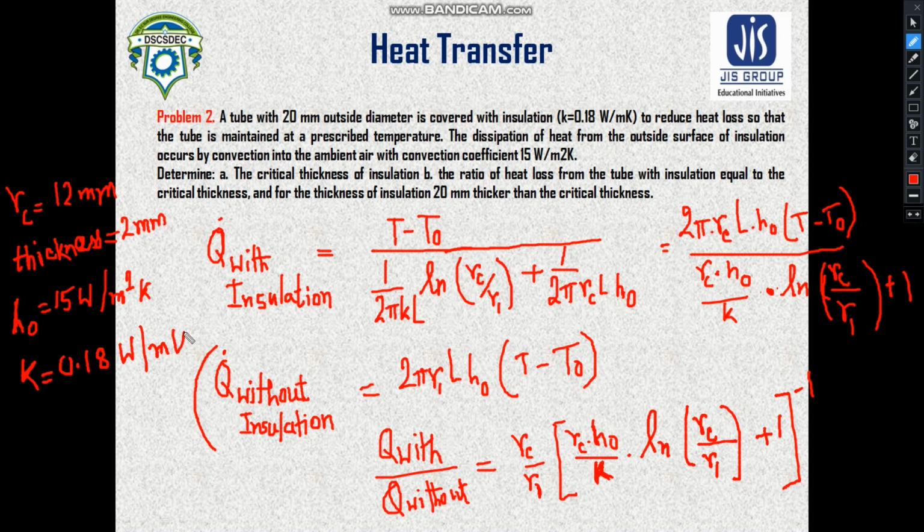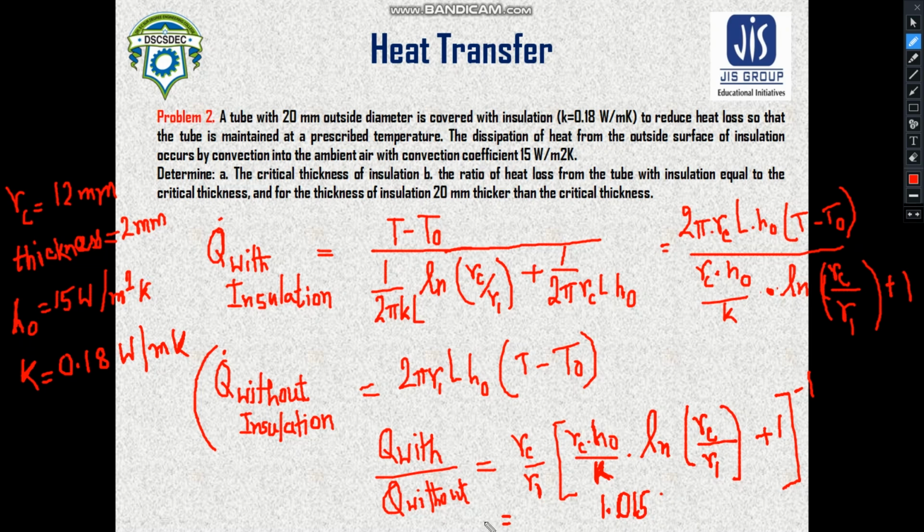So after putting all the values, you will find this ratio would become 1.015.